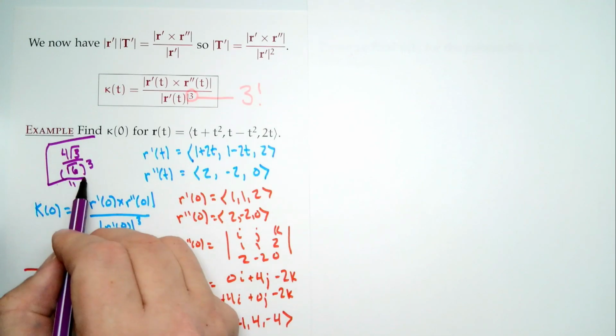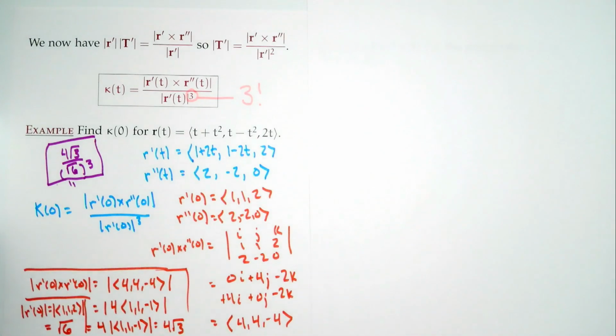And we can leave it like that. We could also simplify it, but this is perfectly fine. If we don't say simplify, you shouldn't have to simplify. On the other hand, if we do say simplify, odds are it simplifies to something very nice. And it's good to check.